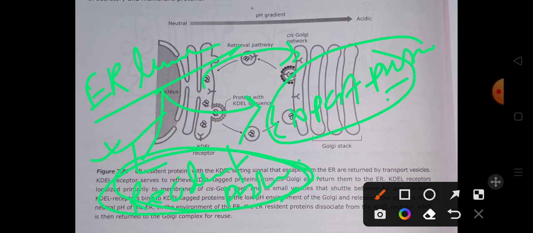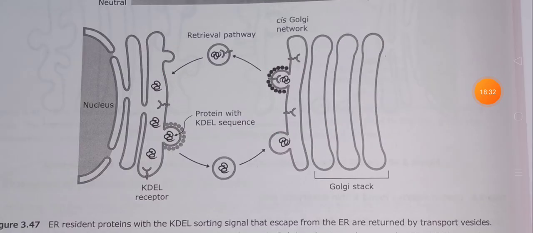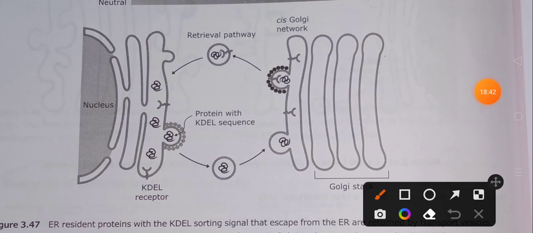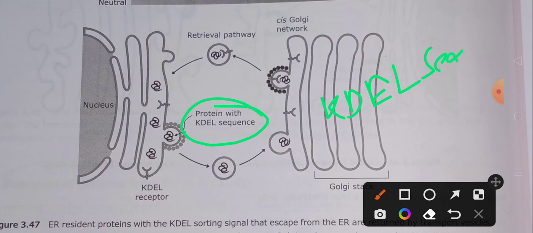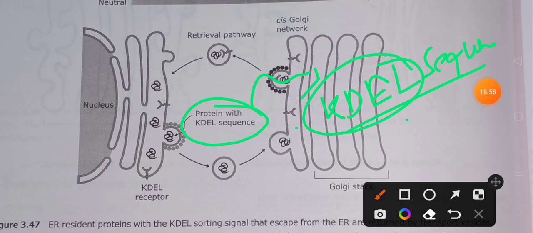Okay, so the idea is, in the case of ER resident proteins, there is a special type of sequence present, especially at the C terminal of that protein. This sequence is the KDEL sequence. This KDEL is the one letter abbreviation of amino acids.